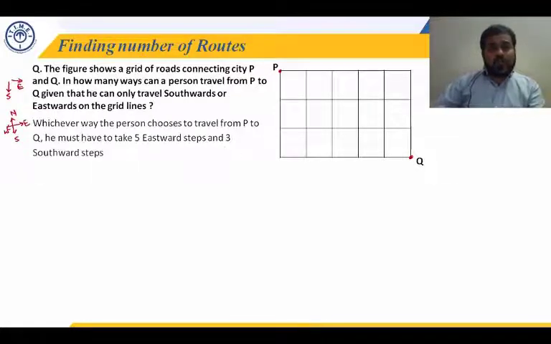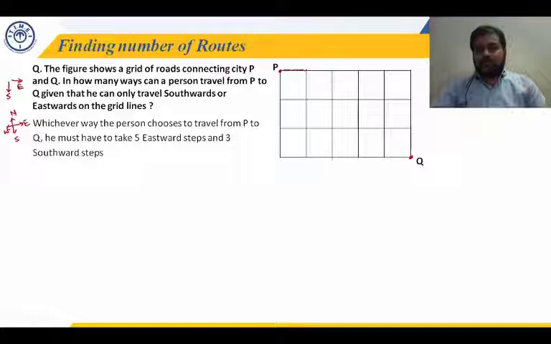So in this case, whichever way a person chooses to travel from P to Q, he must take 5 steps eastwards and 3 steps southwards. Why? Because from P to Q, if you see, there are 5 steps eastwards. We are counting this entire line as 1 step. So 1, 2, 3, 4, 5.